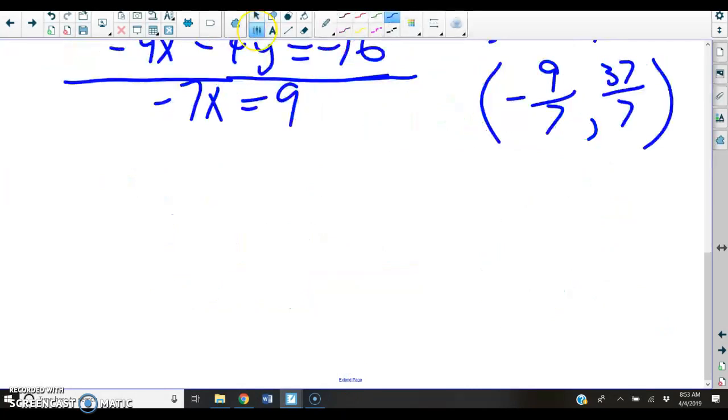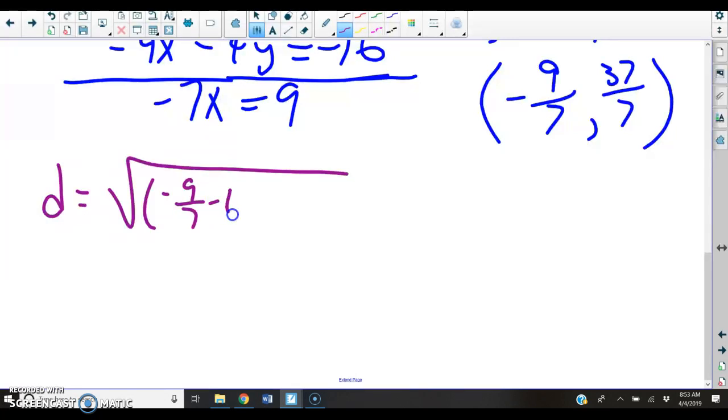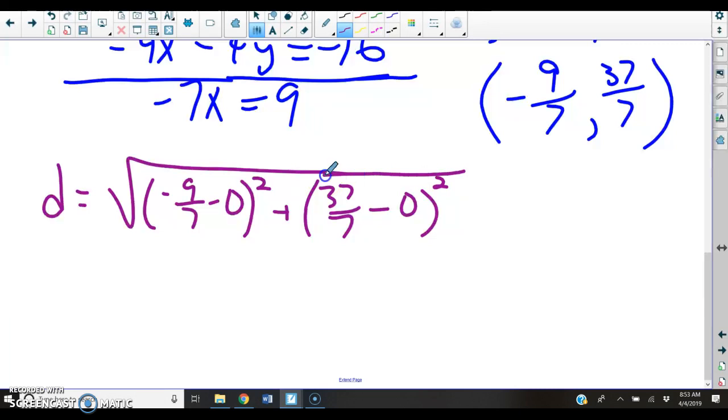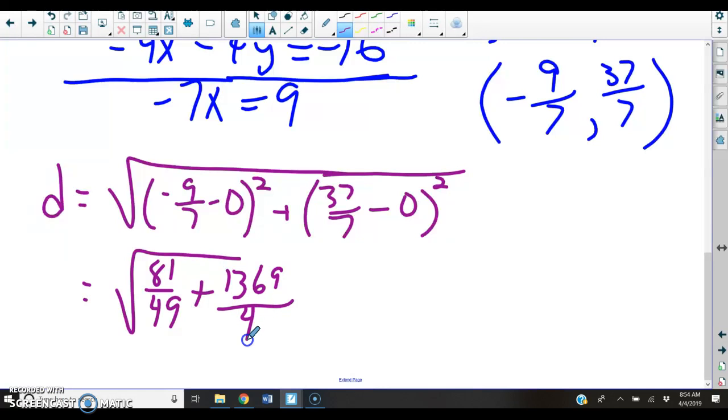Extend this. So my distance is going to be the square root of negative 9/7 minus 0, because I'm going to point B, it's the most convenient, squared, plus 37/7 minus 0 squared. When I square that, I'm going to have the square root of 81 over 49 plus 1,369 over 49.